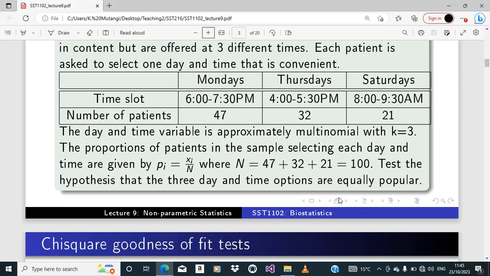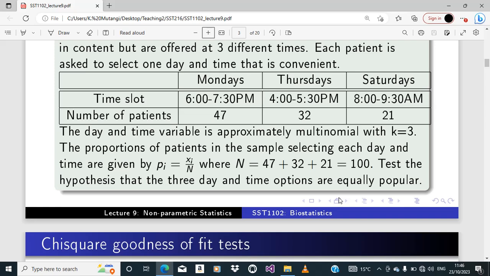We have 47 in the first class, 32 in the second, and 21 for Mondays to give us 100. So we have to test the hypothesis that the 3 day and time options are equally popular, meaning the proportions of people choosing Monday, Thursdays, and Saturdays are actually the same. That is what we want to test here.